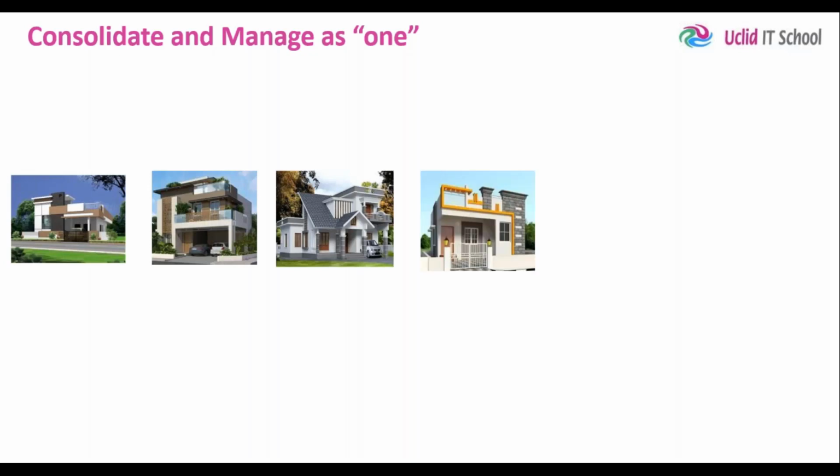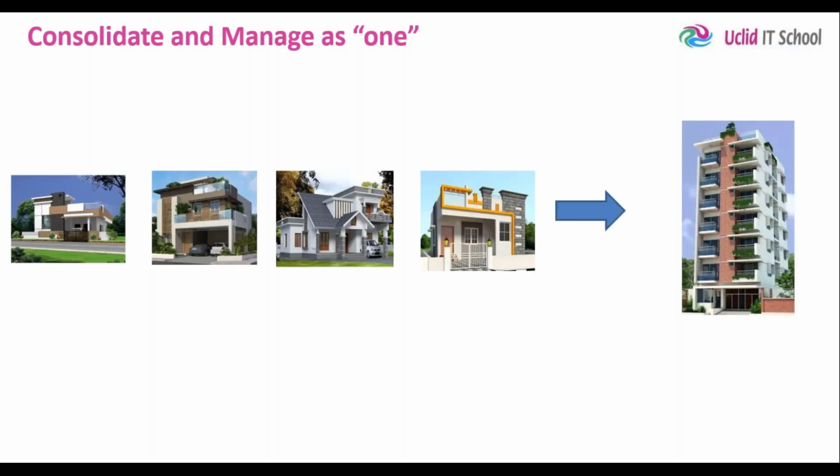So this is not new to us. Consolidation is not new to us. Every day in real life, we consolidate many things. That is part and parcel of our day-to-day life also. So this is the best example of consolidation. On one side, you have independent villas, right? Independent houses. On the other side, we have an apartment. An apartment is a consolidation.